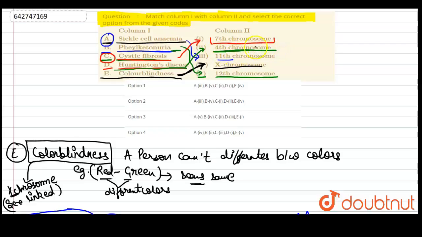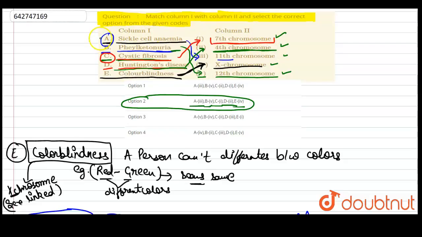If we now sum up, the option second here is the correct one. E is linked with the X chromosome, A sickle cell anemia is linked with the 11th chromosome, B phenylketonuria is linked with the 12th chromosome, cystic fibrosis is linked with the 7th chromosome, and D is linked with the 4th chromosome.